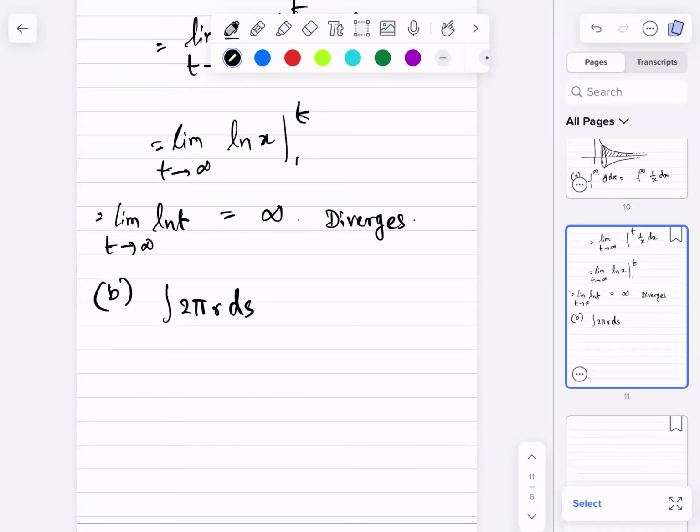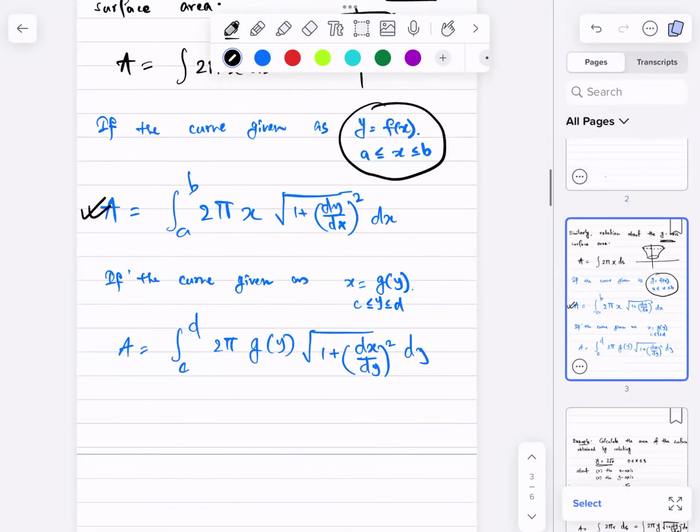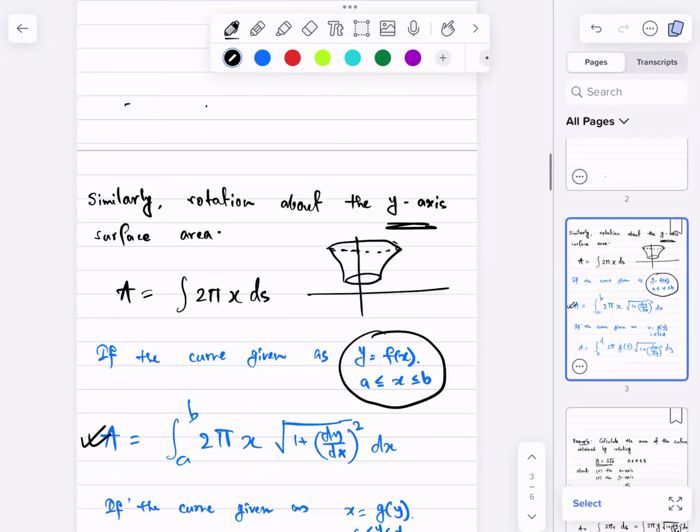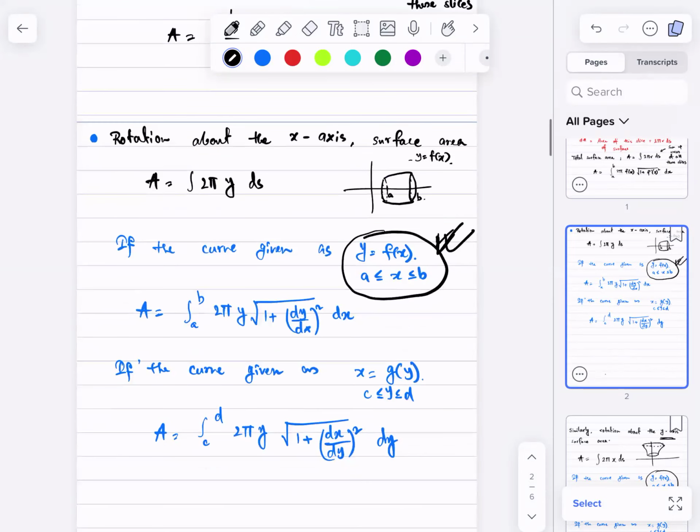In this case, your r is y, so it is 2 pi y times the square root of 1 plus (dy over dx) squared, dx. If I go back, this is this formula: rotating around the x-axis, your function is given like this, so you'll use this formula.